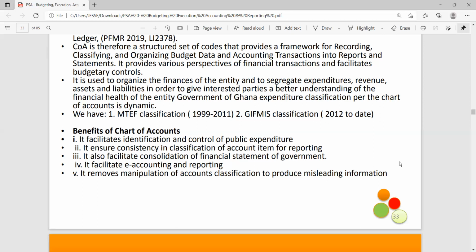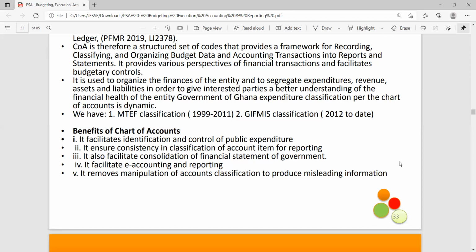It also removes manipulation of account classification to produce misleading information. Because there's some form of structure and identification, it takes out the manipulation of account classification where people would record certain accounting transactions under different classifications.